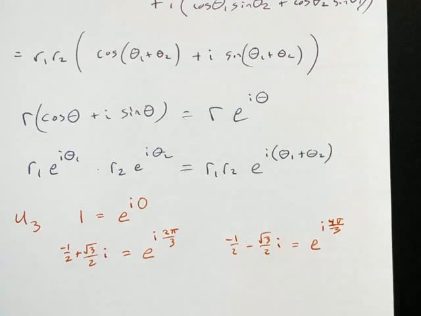Perfectly fine. Now think of the multiplication. The multiplication becomes adding the angles, right? 120 degrees plus 240 degrees is 360 degrees, except we're adding mod 360. If I do it in radians, 2 pi over 3 plus 4 pi over 3 is 2 pi, and I add mod 2 pi.